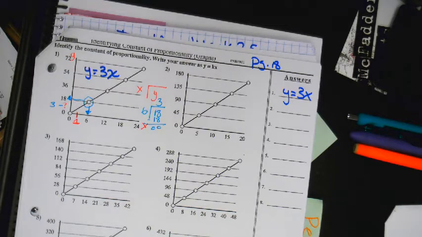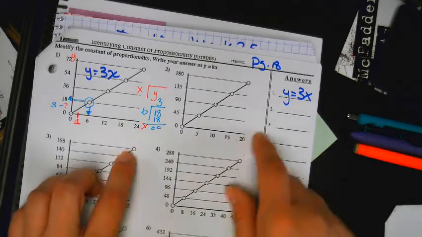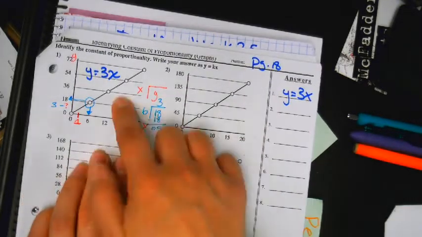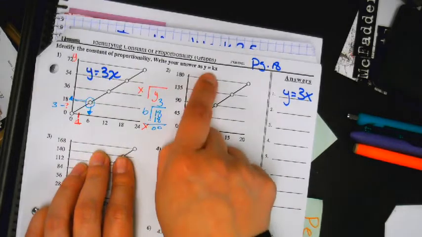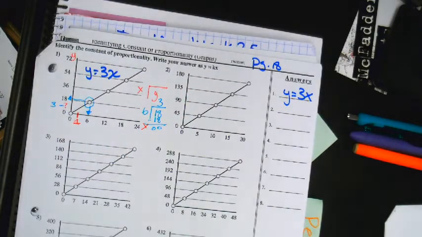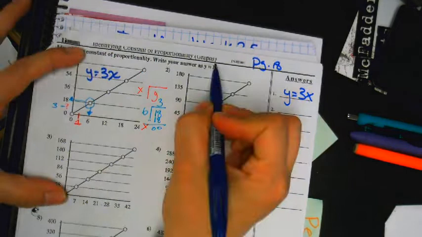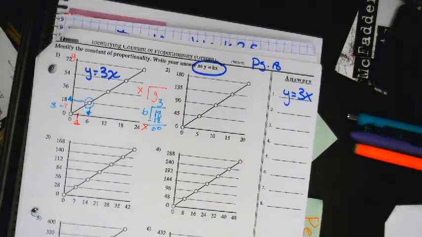Anyways, when you're taking the test and they ask you to write it as y equals kx, know that K is just unit rate. Don't overthink it.